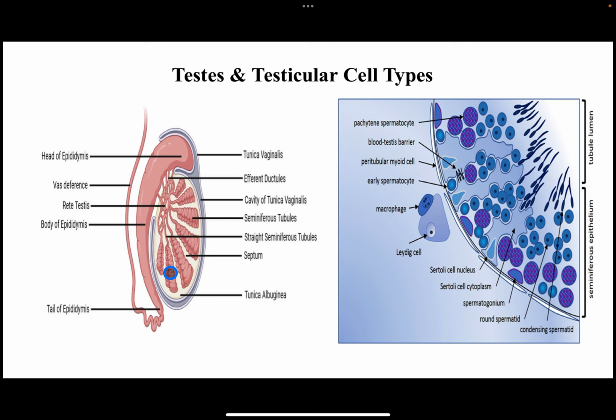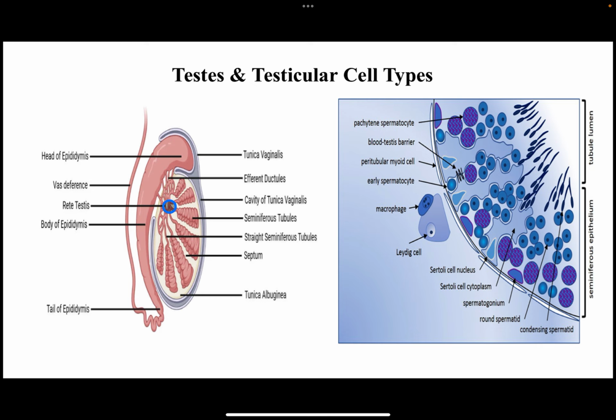When they are produced by the seminiferous tubules, they are channeled straight into the straight seminiferous tubules. From the straight seminiferous tubules, they go to the rete testis.